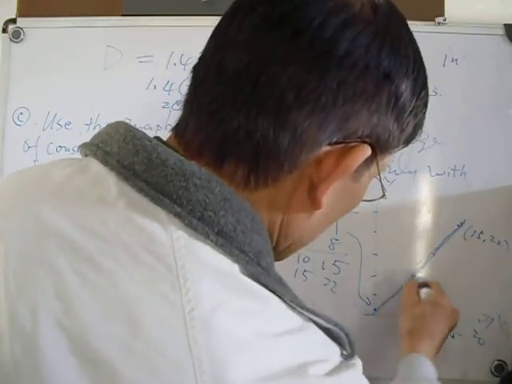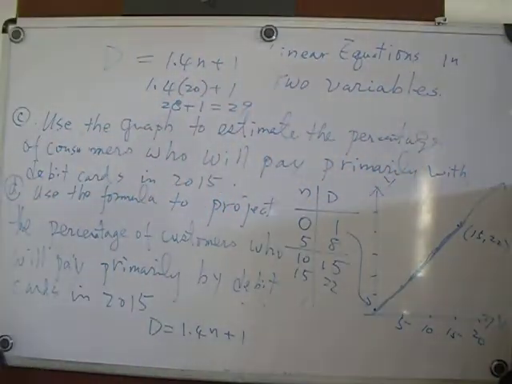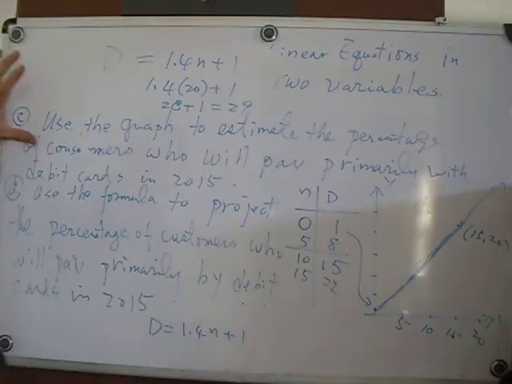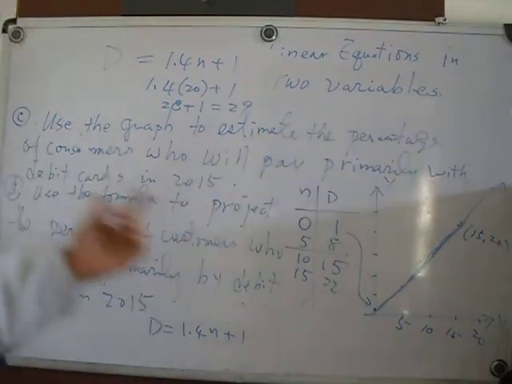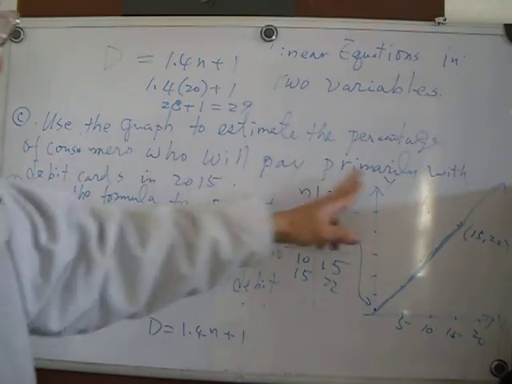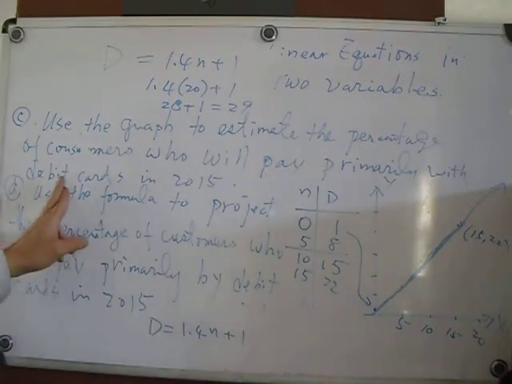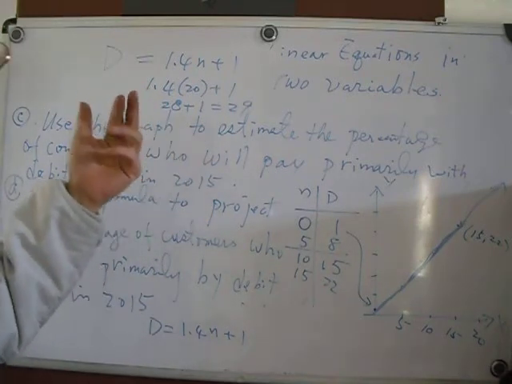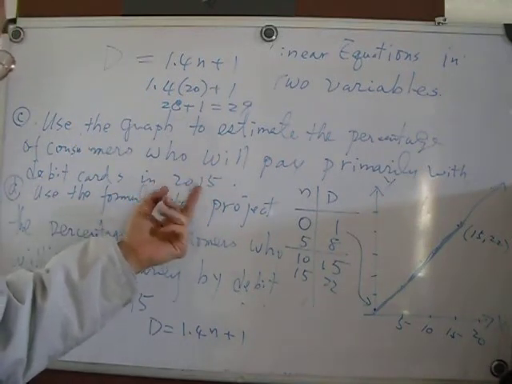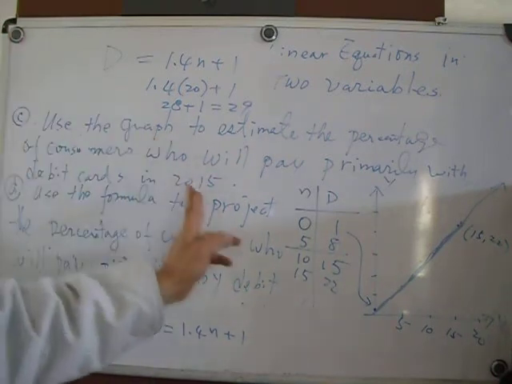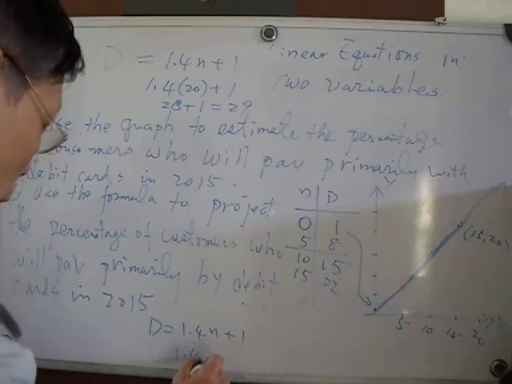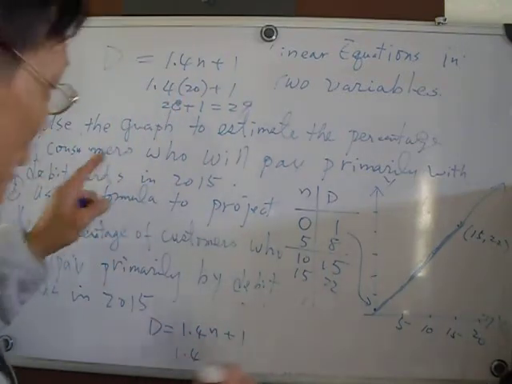Okay, let's continue. That's part 1, parts A and B. Part C: use the graph to estimate the percentage of consumers who will pay primarily with a debit card in 2015. 2015, you subtract 1995, you get 20, which means the N you use is 20. This one uses the graphing way.